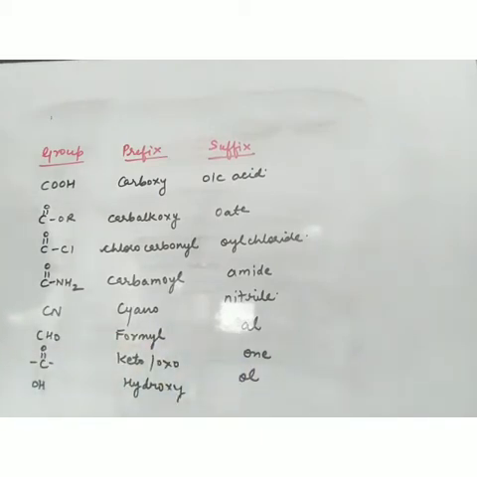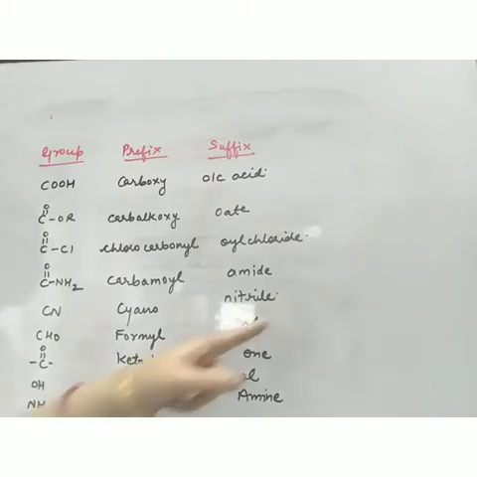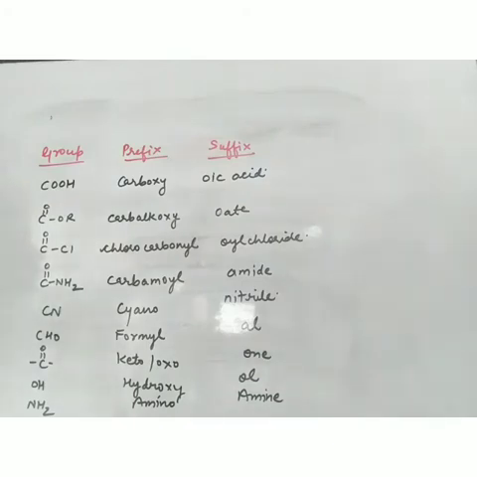Now the next is NH2. The prefix is amino and the suffix is amine. Okay, so this is the table containing the main functional groups. So we have to check the priority order, and the principal functional group will get the suffix while the others will get the prefix.